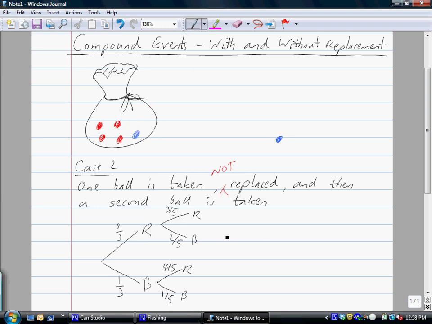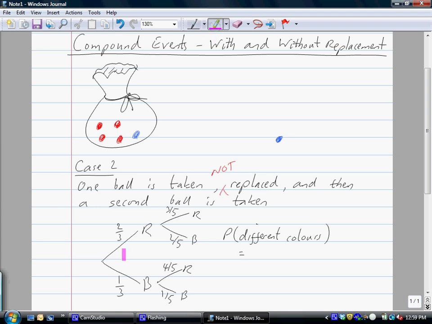So if we ask the same questions, probability that it's red and red, we'll now get 2/3 times 3/5, which is 2/5. And it's a different value. And if I look at the probability of the colours being different, okay, so this is the same as one red and one blue, any order.